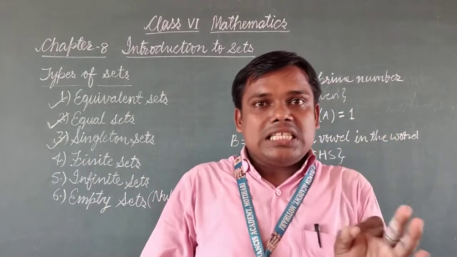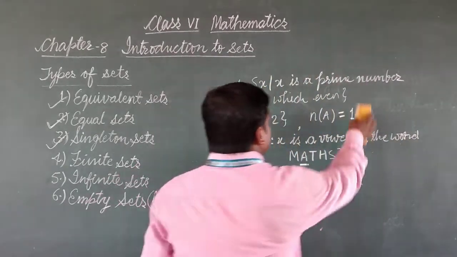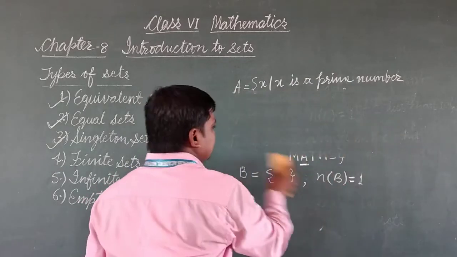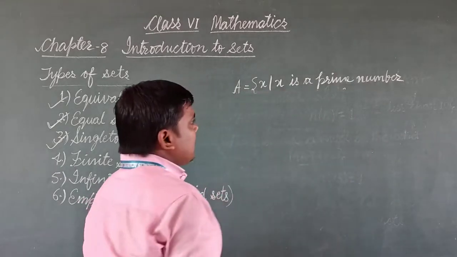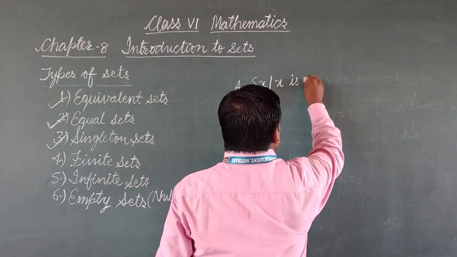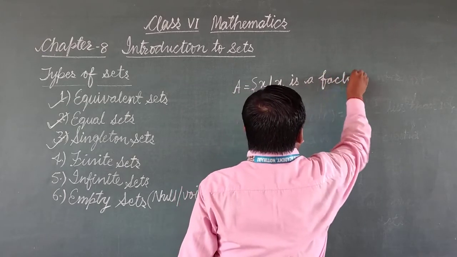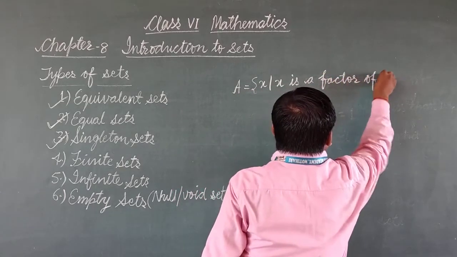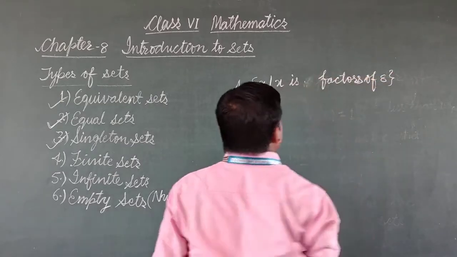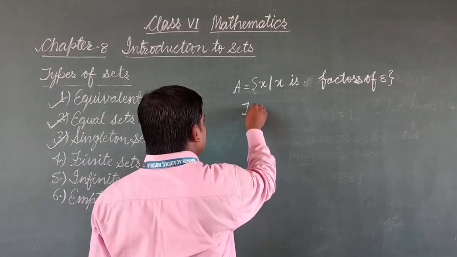Or another example, x such that x is factor of 8, all factors of 8. Suppose I am writing set A. X such that x is a factor of 8. X is factors of 8. You know the factors of 8?